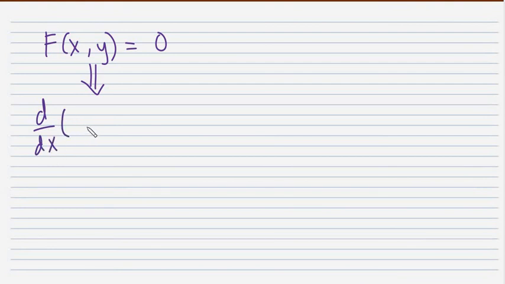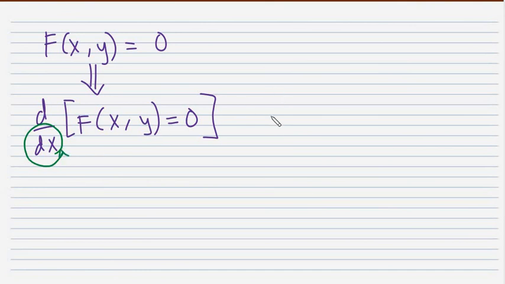Remember that we are getting the derivative of y with respect to x. So we have to differentiate each term of the implicit function with respect to x. So that is how you will get the derivative of implicit functions.